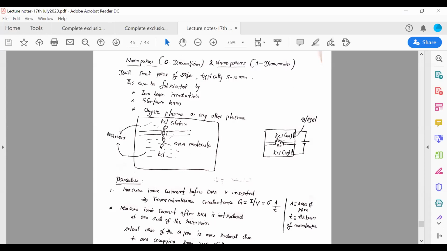If the nanopore has some thickness, for example, one layer of graphene is ideally 0-dimensional, but if you have something like 10 nanometers of graphite, then it is known as a nanoporin instead of a nanopore. So you will come across this name; don't be scared. It has some length.